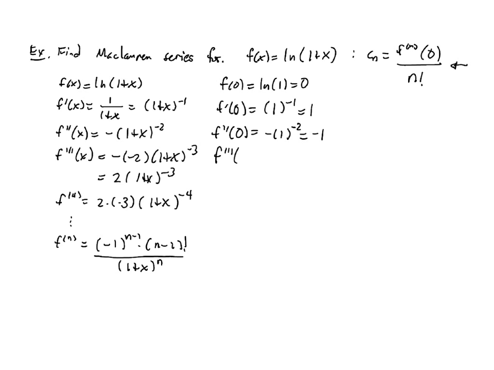The third derivative at 0 is 2. The fourth derivative at 0 is going to be negative 6, and so on until we find that the nth derivative at 0 is going to be negative 1 to the n minus 1 times n minus 1 factorial.